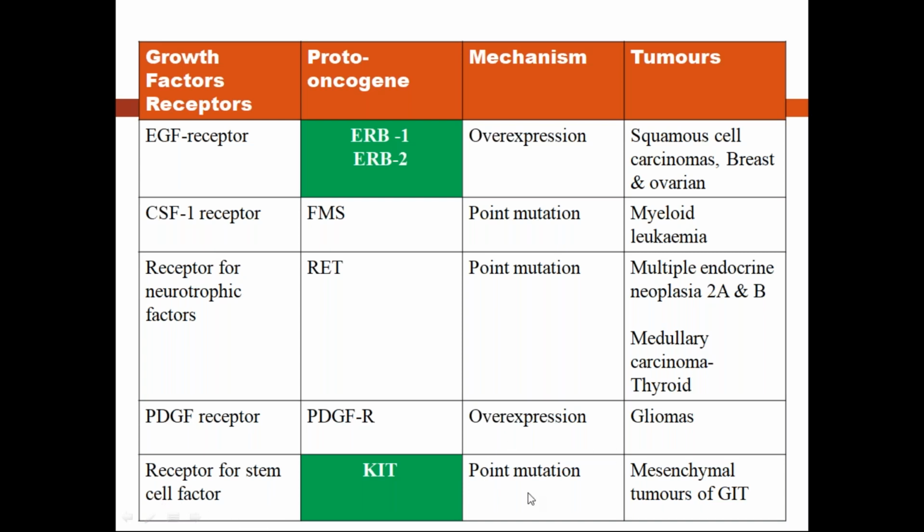The gene undergoes point mutation, and it is seen in mesenchymal tumors of the GIT. Likewise you have the other 2. Out of 5 you can just remember 3 of them, and that is sufficient. Remembering all these names would definitely be very difficult, so whichever I have kept shaded in green, those are important.